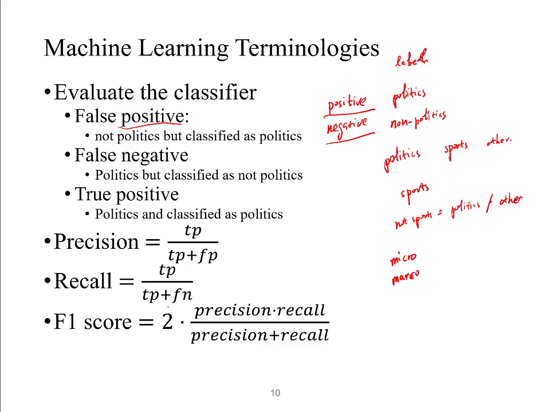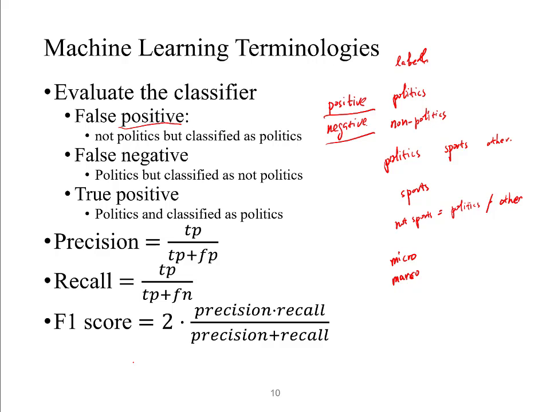Recall would be TP divided by TP plus FN. So remember, FN means those things should be positive. So recall is that among all those things that are indeed positive, how many of them are predicted as positive? So this is recall. And F1 score is just the harmonic mean of precision and recall. All right.